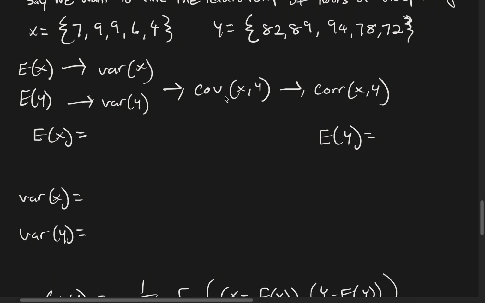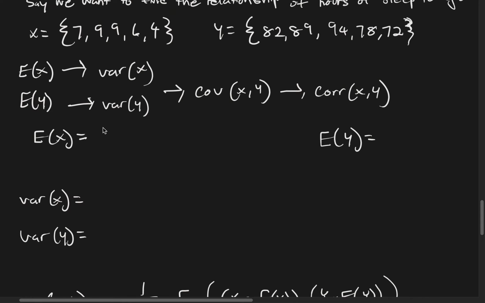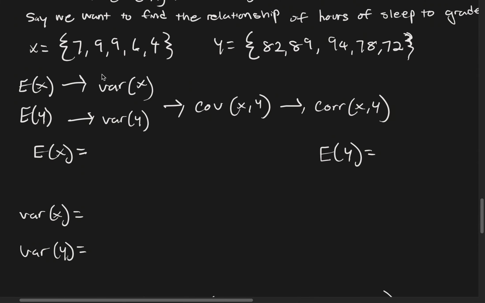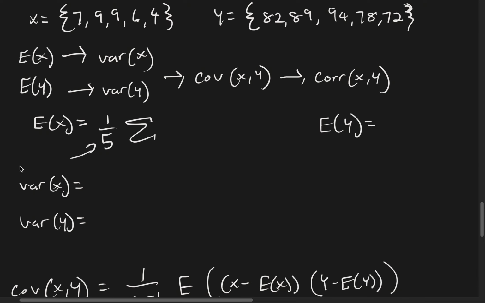All right, so the expectation of x. Since we're measuring the number of values within the data set, we're not necessarily representing the probability. We can write the expectation of x as 1 over 5, 5 being the number of n's, the total sample size. You don't necessarily need to write a summation.